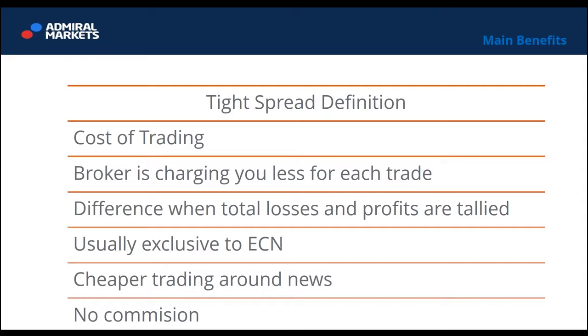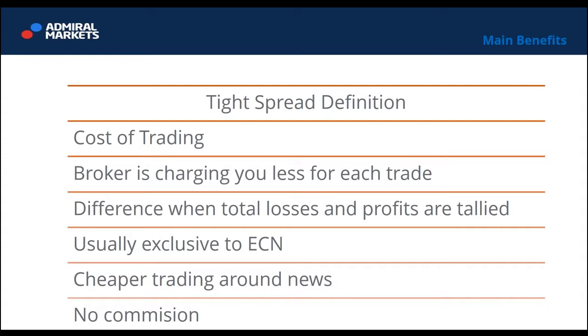But on a standard Admiral Markets account, where you can easily open it, it says popular on the picture, you will have lower spreads. That is a very good thing because the spreads in question are for pairs that are heavily traded in the market, and that is a great thing.